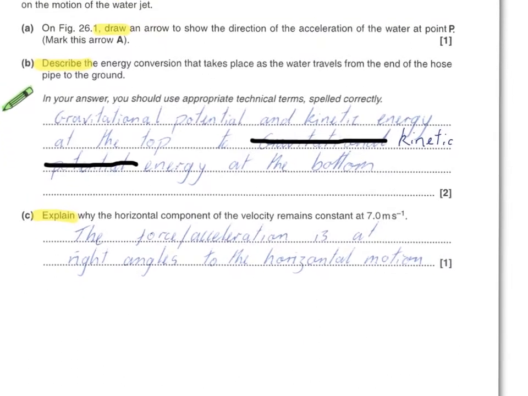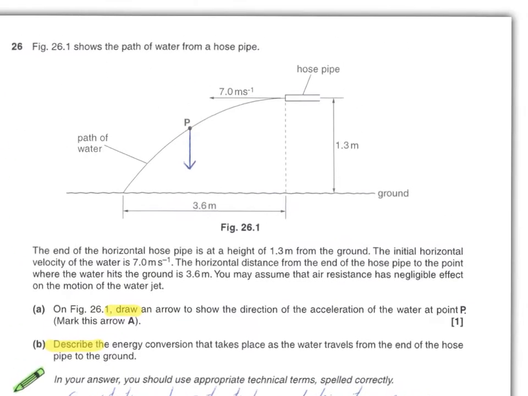We're then asked to explain why the horizontal component of the velocity remains constant at 7 meters per second. Well, that's very straightforward. If we go back to the diagram, my velocity is 7 meters per second horizontally, and the only force we've got acting is straight down. That's perpendicular. A force has no effect on a velocity that's 90 degrees to it if we're just looking at the component.